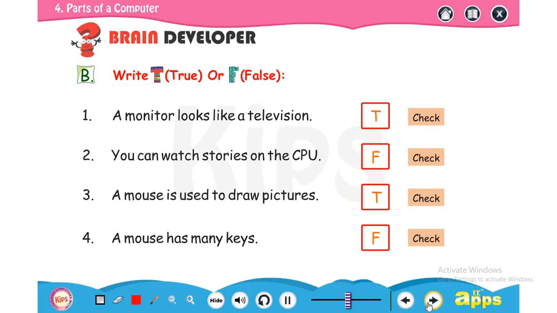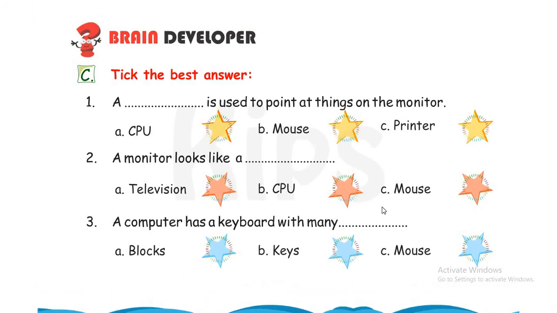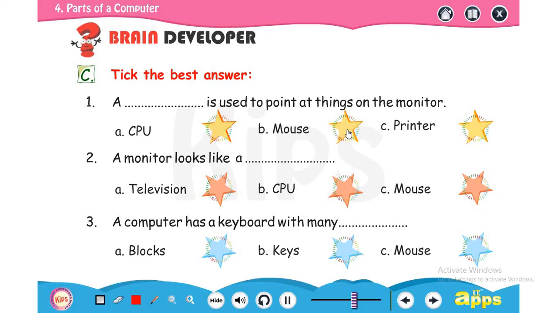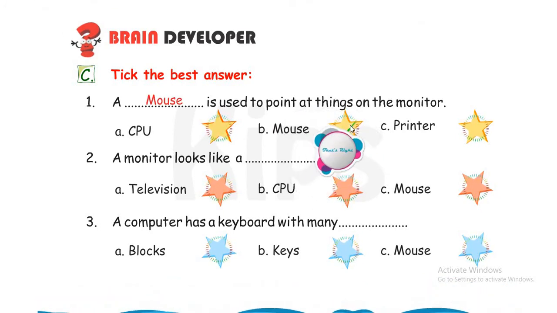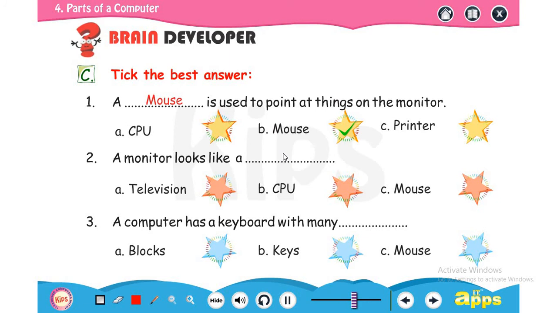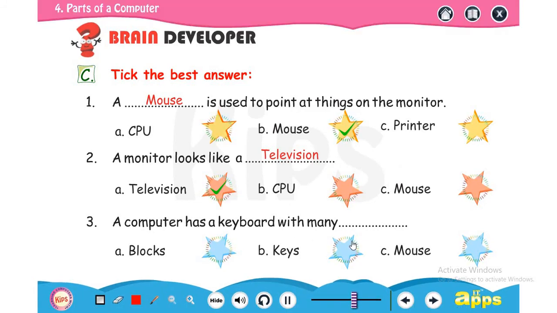Go to the next section. Tick the best answer. Dash is used to point at things on the monitor. So with the help of a mouse we can point at things on a monitor. A monitor looks like a television. Then next is a computer has a keyboard with many keys.